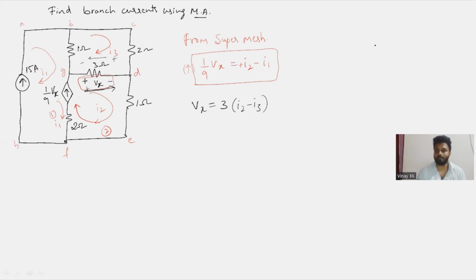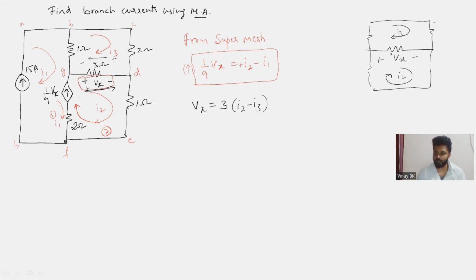If you have a doubt, just for your information, suppose there are two currents flowing, I2 flowing here and I3 flowing here.